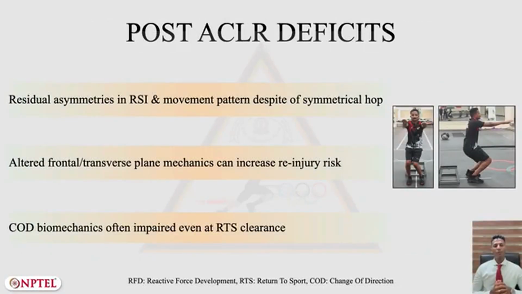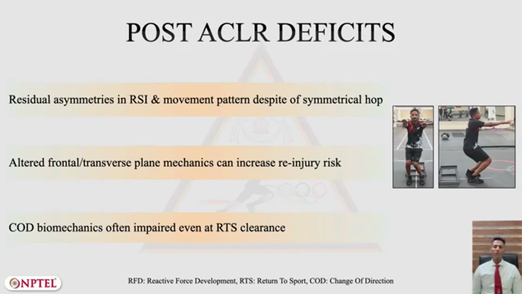Something about post-ACLR deficits. Even when hop tests show symmetrical distance, deeper neuromuscular asymmetries often persist. The reactive strength index may remain reduced, indicating poor utilization of the stretch shortening cycle. Change of direction biomechanics are often impaired.